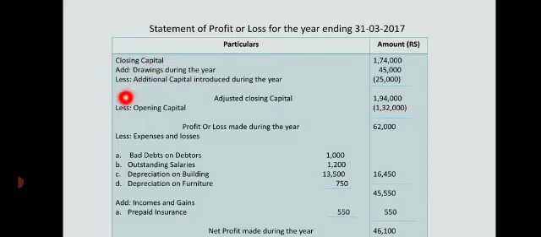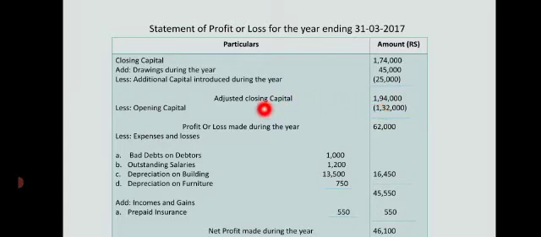So in the format, we are supposed to deduct additional capital introduced during the year by the proprietor, 25,000. Whatever amount I have written in bracket, it means we are supposed to deduct it. So 1,74,000 plus 45,000 minus 25,000, whatever answer you get, that is 1,94,000.